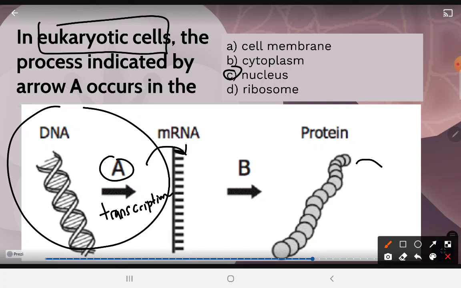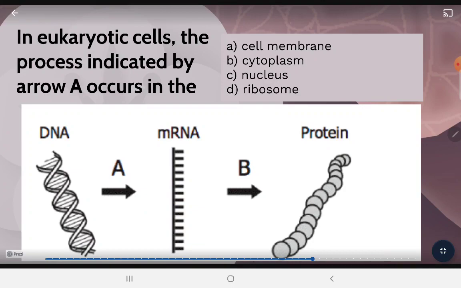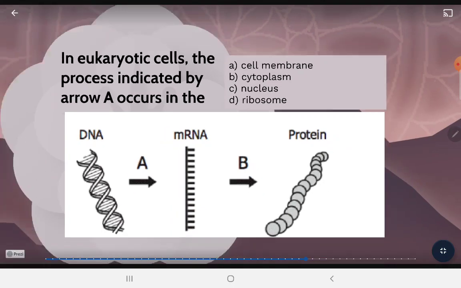And then we let that RNA out after we have processed it a little bit. Specifically, we put a cap and we put a poly A tail on the mRNA before we let it into the cytoplasm, where a ribosome is going to come in and do step B. Okay, so that's the nucleus.